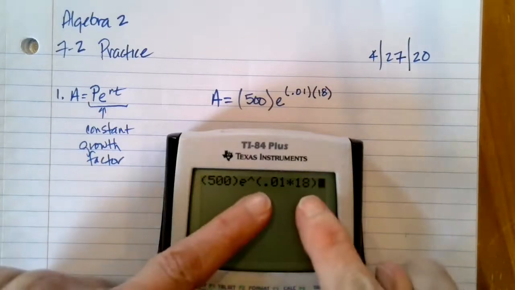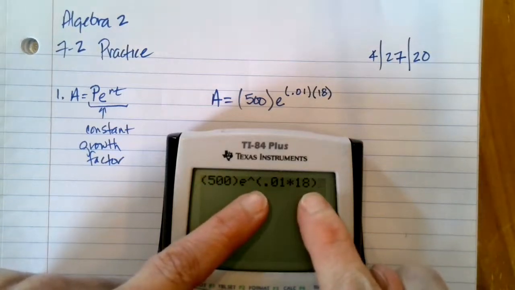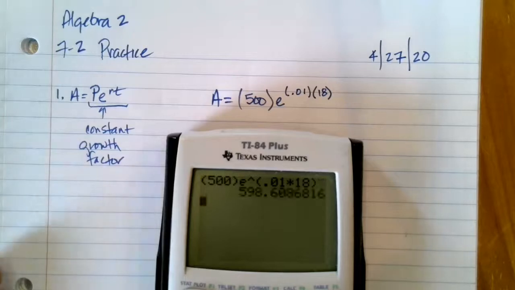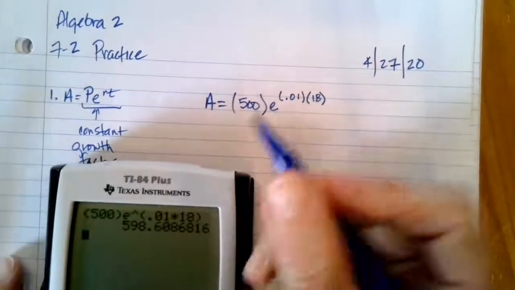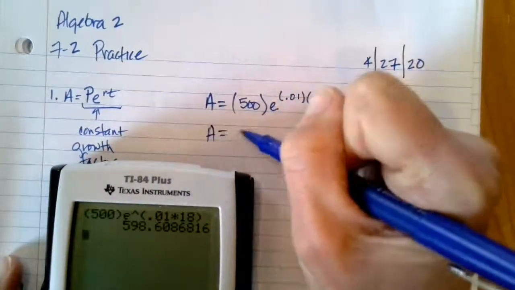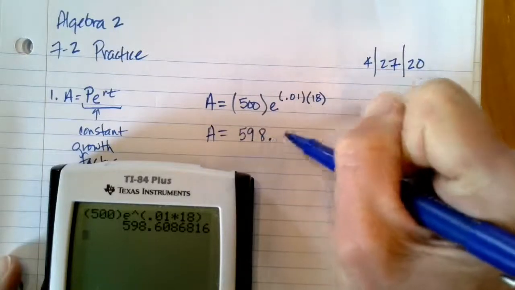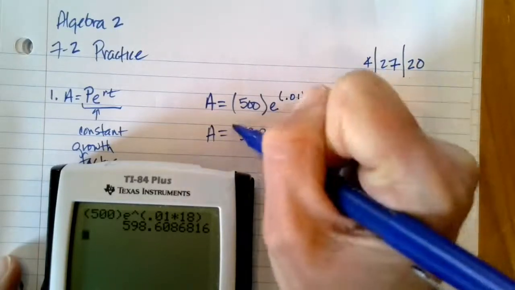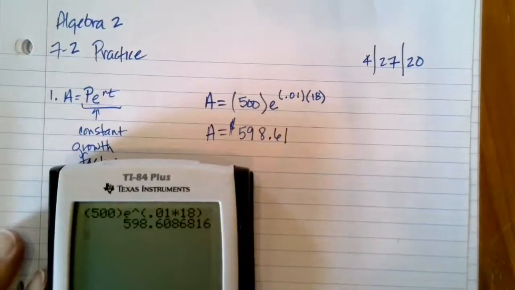So the way that I typed this in is I'm going to make sure that this whole entire thing is in the exponent. So that means that by the end of those 18 years, Jaden's amount will be equal to $598.61. I think they better find a better account that makes more money. That's just what I feel.